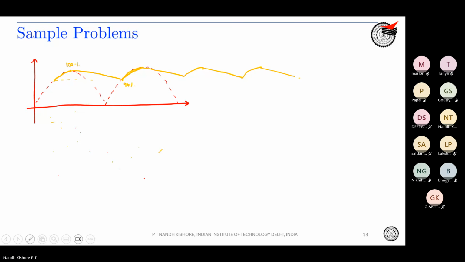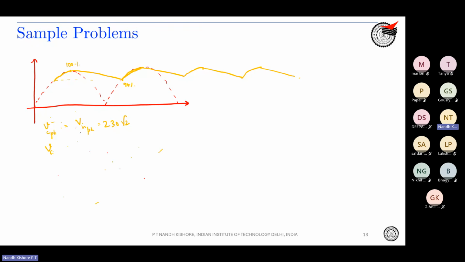Fine. So now the point is the peak value is VD max, that is your V peak, or VC peak, which would be your V in peak. That is 230 root 2.